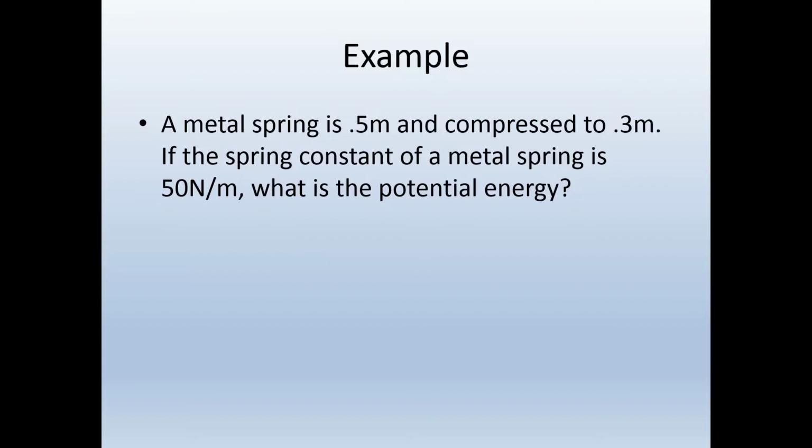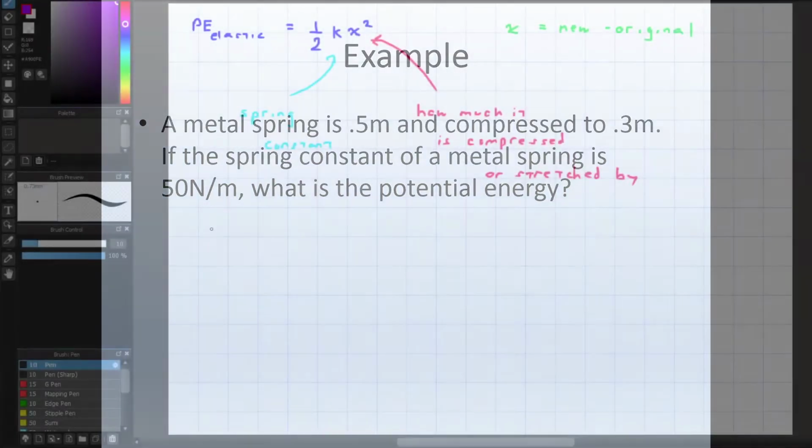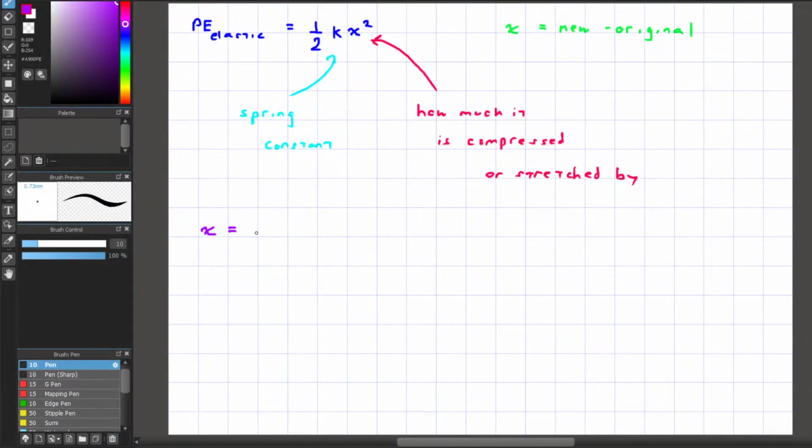Let's do an example. A metal spring is 0.5 meters and compressed to 0.3 meters. If the spring constant of the metal spring is 50 Newton per meter, what is the potential energy? We know the spring was compressed from 0.5 meters to 0.3 meters, and we can solve for x by subtracting the original length from the new length.